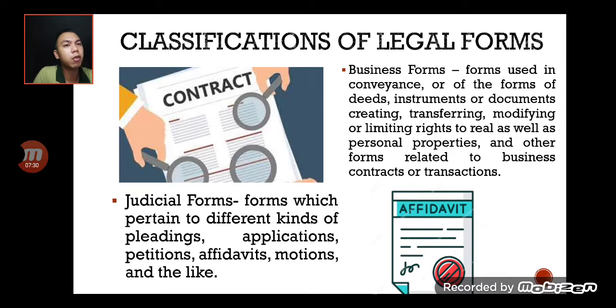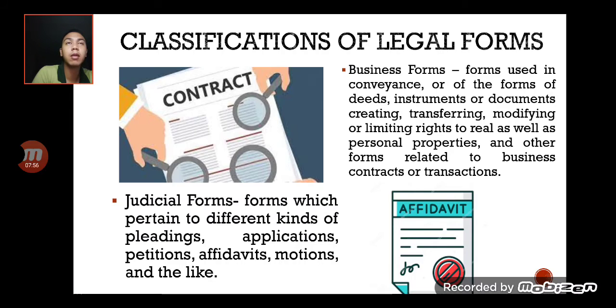So ang mga business or mga legal forms that are under this classification are those that involve the exchange of goods, services, or money, no? So pwede from goods to services, or services to goods, money to services, services from money. So ang example ana kay ang employment.